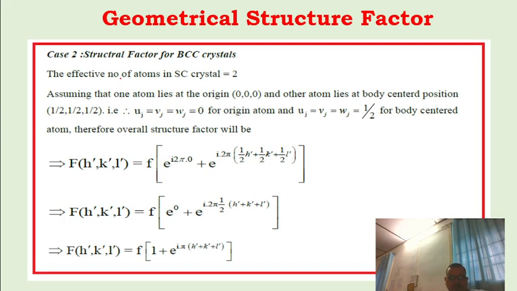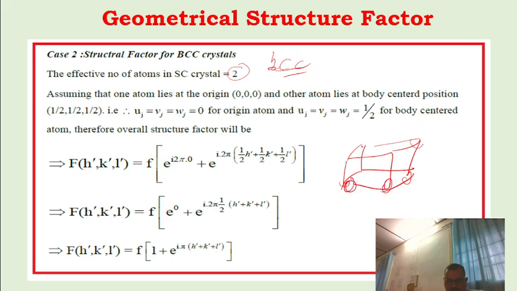This is case 2, when the effective number of atoms is equal to 2. For the BCC case, the atoms are at the corners, as well as one atom is inside the body, like this. So these are the coordinates.